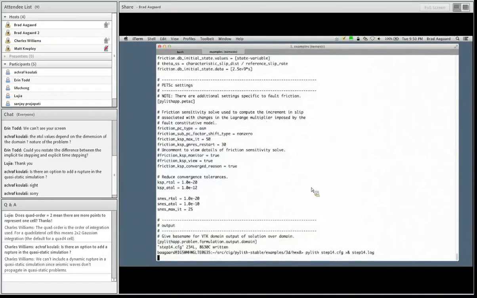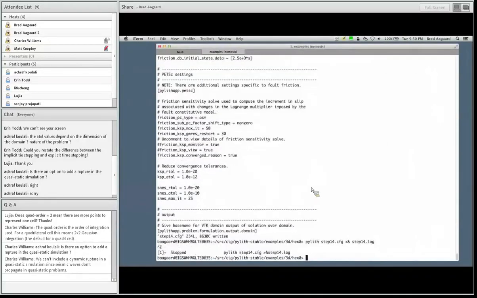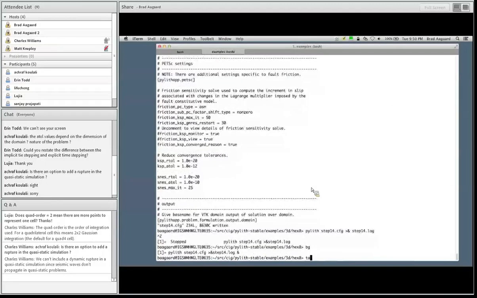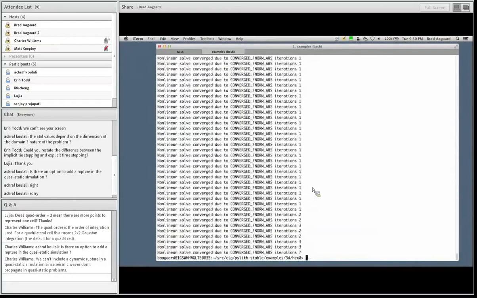So now we're back to quasi-static simulation with rate and state friction, expecting stick-slip behavior. And in the background, let's correct for non-linear, step 15, log.